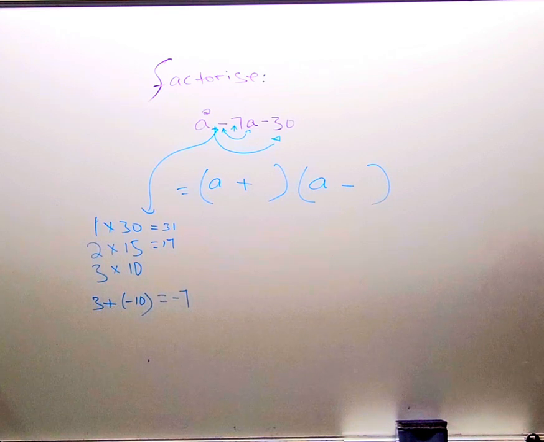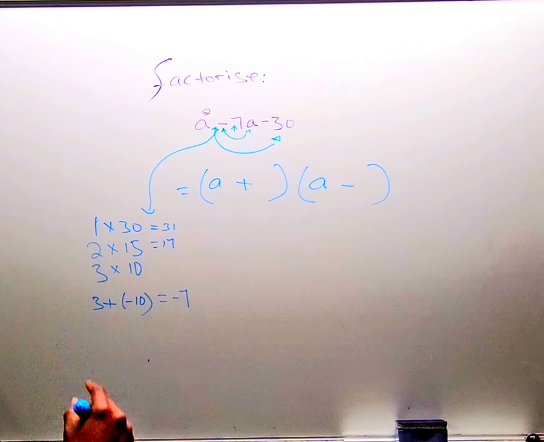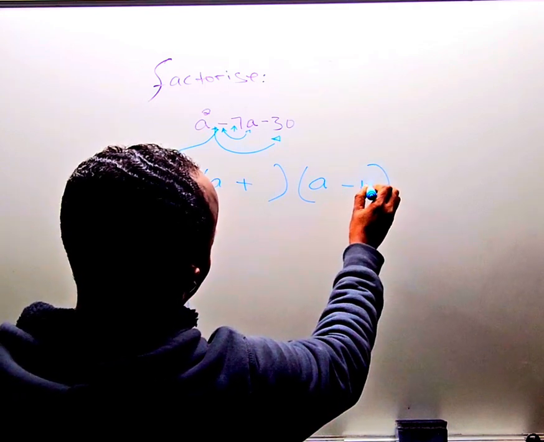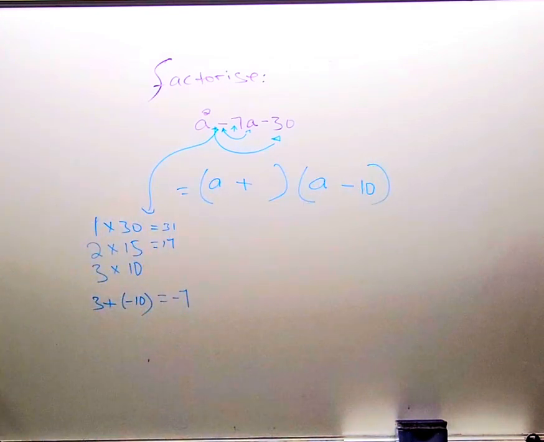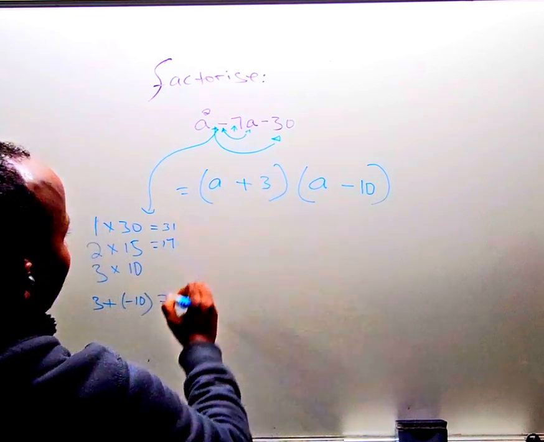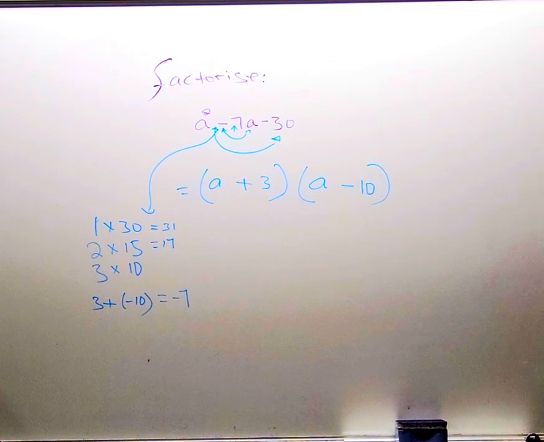Ignore the negative sign and take the 10 and put it here. Why? Yes, it has got a negative sign already inside the bracket. And take the 3, it's positive 3, in the next space of the first bracket.